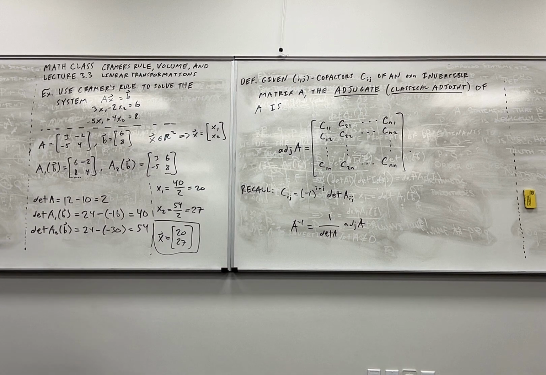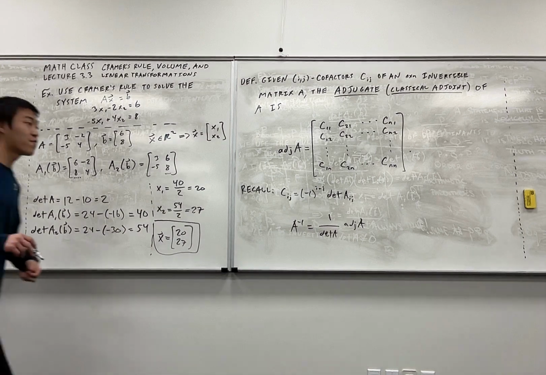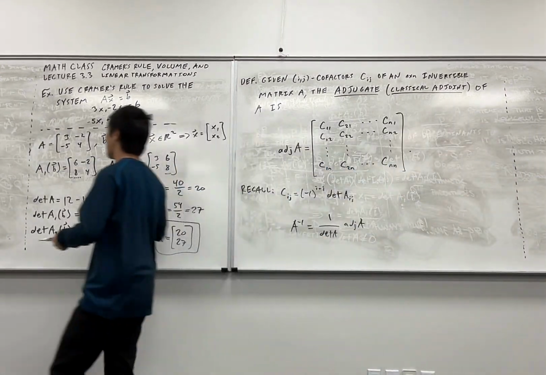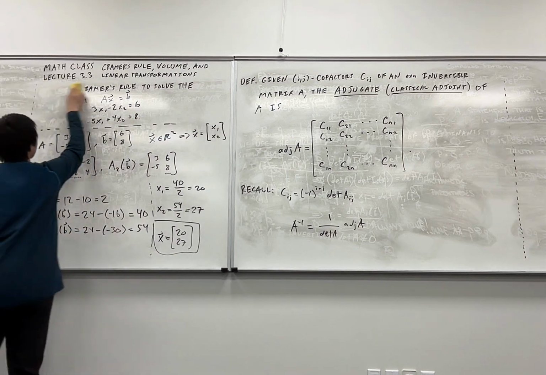All right, so let's finish up then with 3 little things. This is now going to pertain to the application of using determinants for volumes and areas, and we'll call back our lovely parallelogram rule.